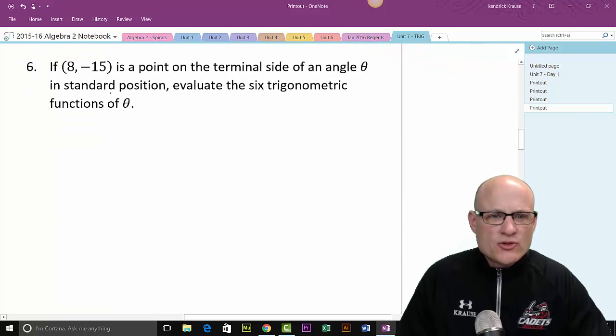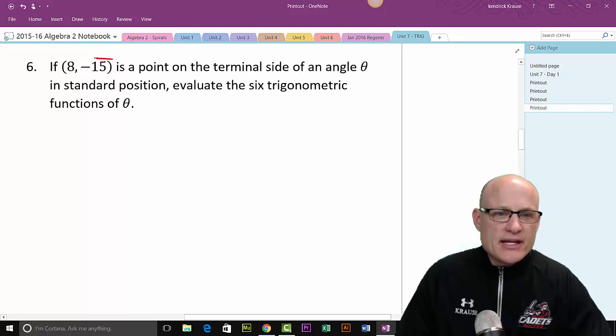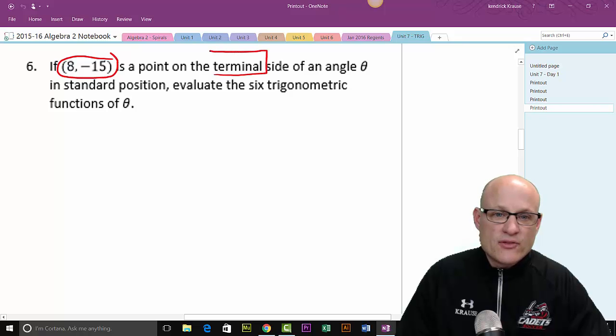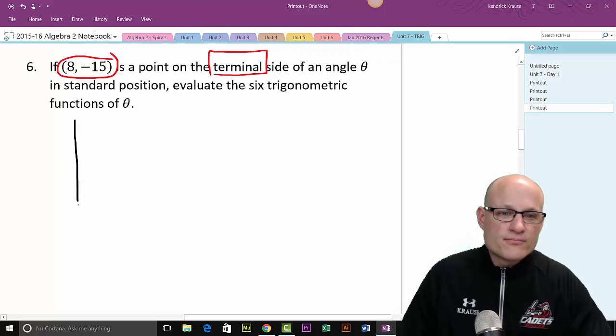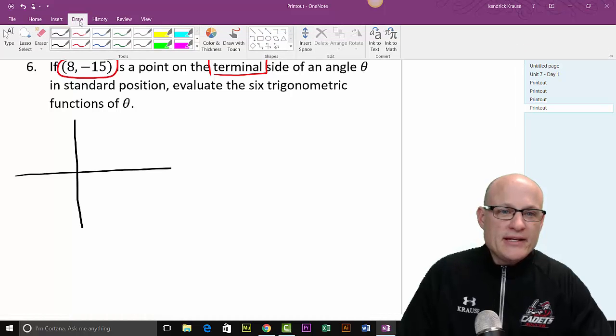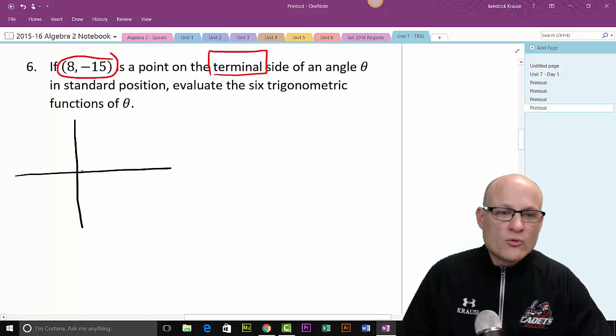Okay. Here I'm going to tell you that (8, negative 15) is a point on the terminal side of theta. So what we need to do is draw our axes and find (8, negative 15). So 1, 2, 3, 4, 5, 6, 7, 8.